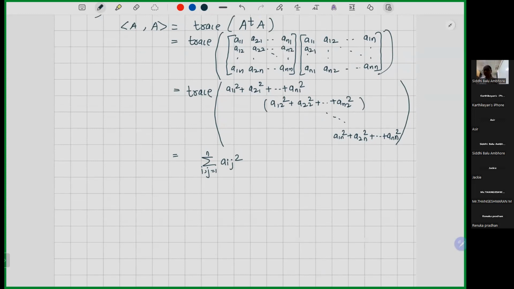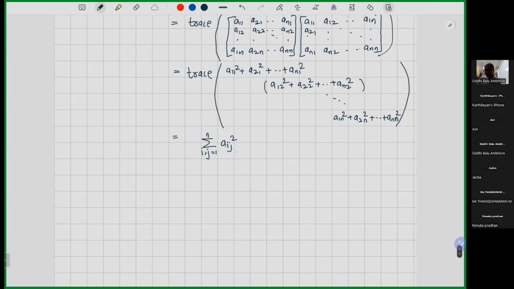So on, the n comma nth entry is the sum of squares of entries in the nth column of matrix A. So this is essentially the summation of all the entries of matrix A.